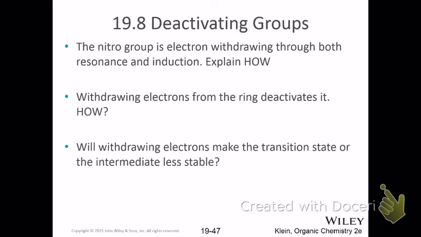So if you have a double bond next to the ring, or a triple bond next to the ring, with a more electronegative group, those both can, by resonance, remove electron density from the ring. Both are deactivating substituents.